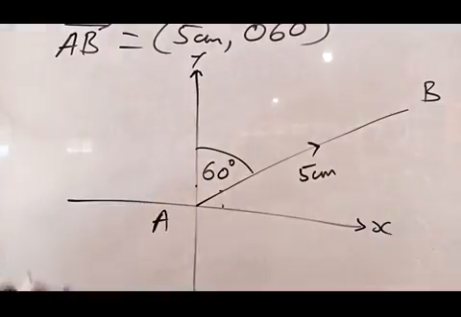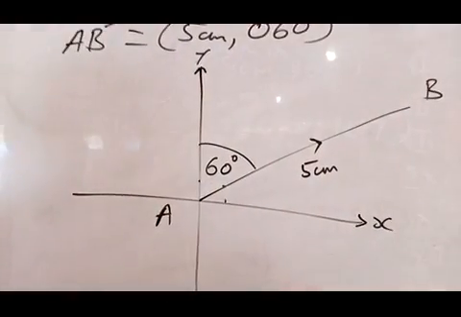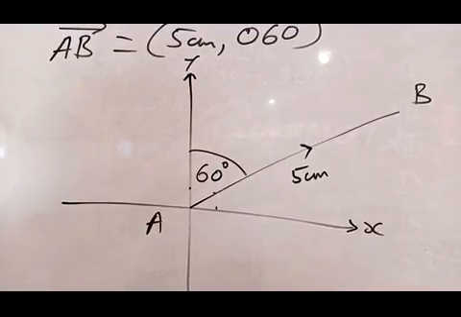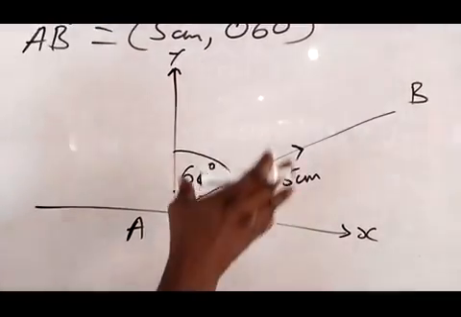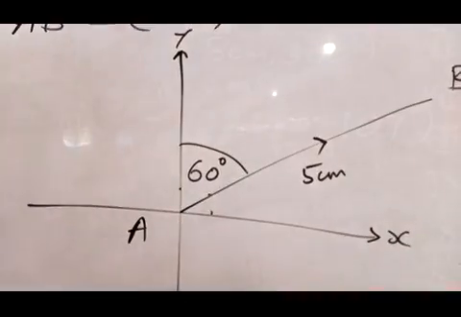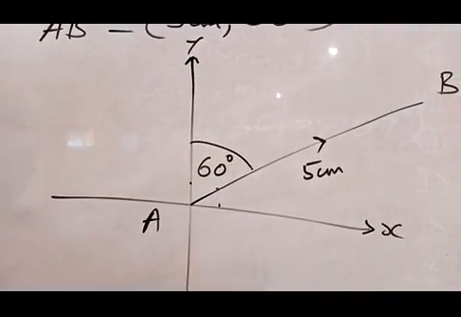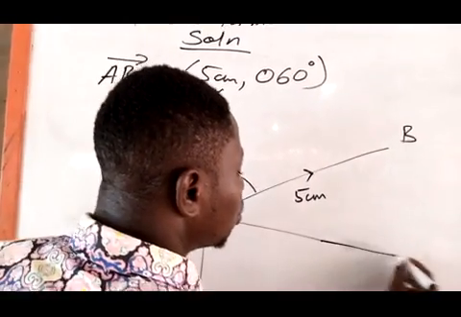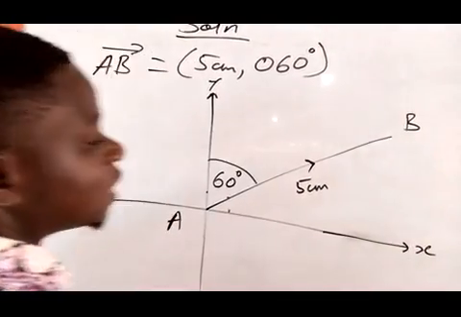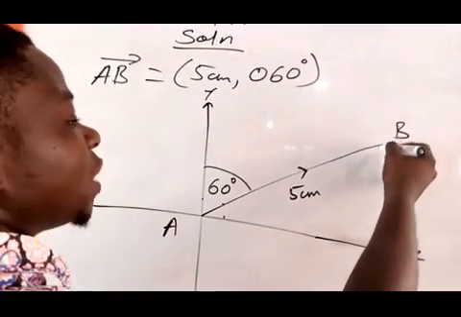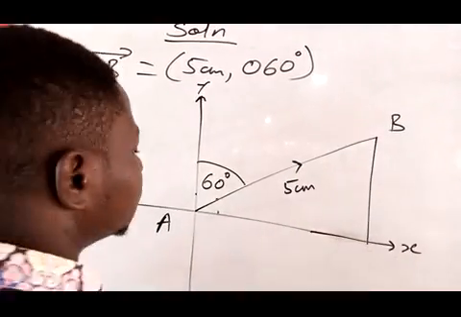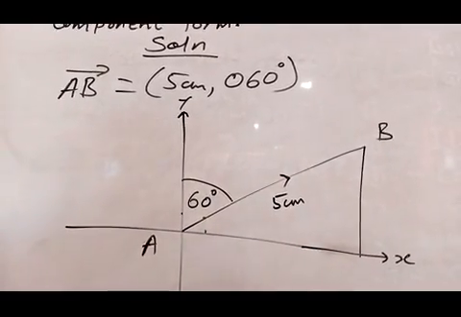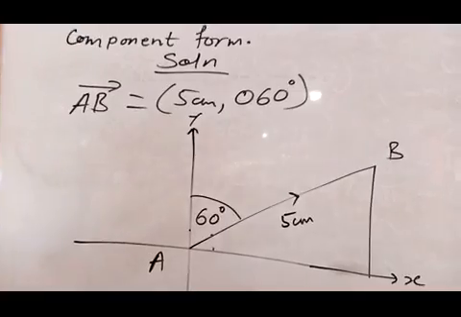Now, this alone won't give us the component form, but rather we are supposed to use this in getting the component form. What we are supposed to do is create a triangle with the x-axis of the component form.